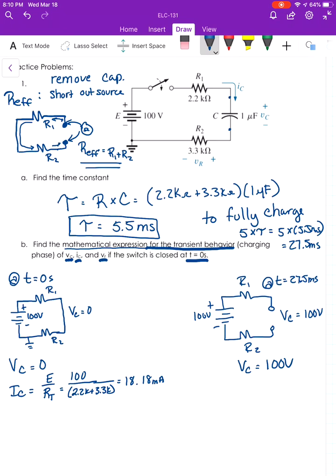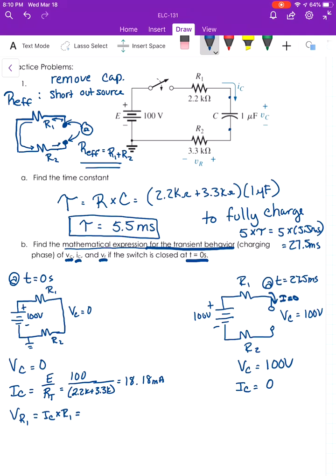At 27.5 milliseconds, if we come over here, what would our current be through the capacitor? It's an open circuit, so it would have to be 0. Now let's look at VR1. Here we do have current through R1, so that would just be IC times R1.